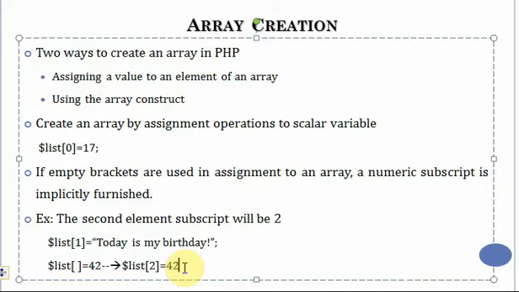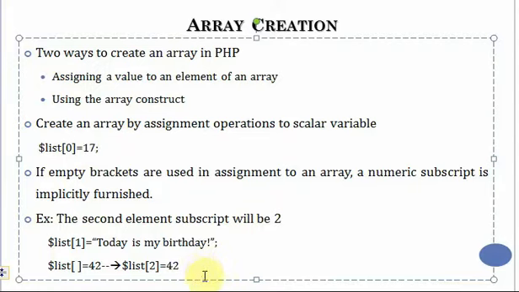Why is an array used? Whenever you want to hold a large amount of data. If it is only 1 or 2 values, you can use a variable. But whenever you have a large amount of data, we go for arrays. In other languages we studied that an array is a collection of the same data type.